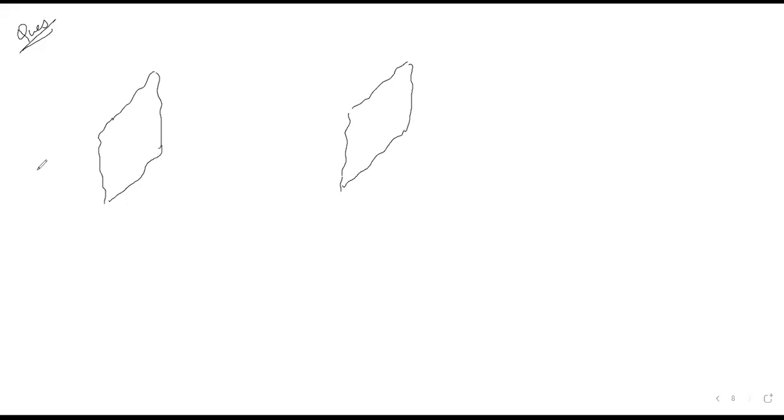This is your positively charged sheet, and this is the negatively charged sheet. The region here is your first region, this is your second region, and this one is the third region.